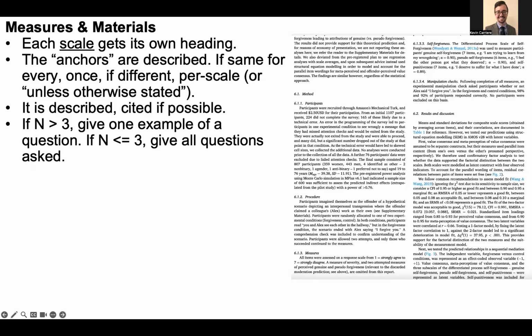Here, it's very hard to see on the screen right now, but this says, I don't know why they're using numbers, this isn't very psychology of them, but it says 6.13 measures. And then over here, I cut it off, but clearly at some point they had 6.133 self-forgiveness.